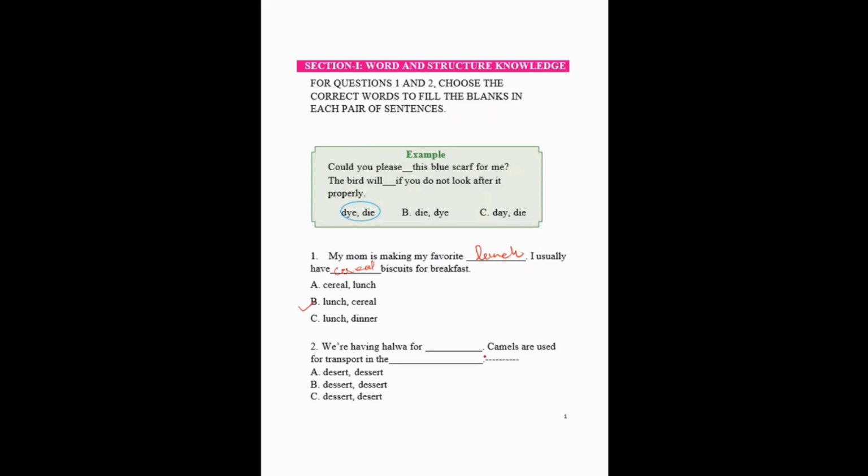And one, desert, is a place where a lot of greenery is not there. It is filled with sand, right? So here we have halwa for dessert. This dessert, D-E-S-S-E-R-T, means sweet, and D-E-S-E-R-T means the sandy area. So option C would be the correct answer over here.